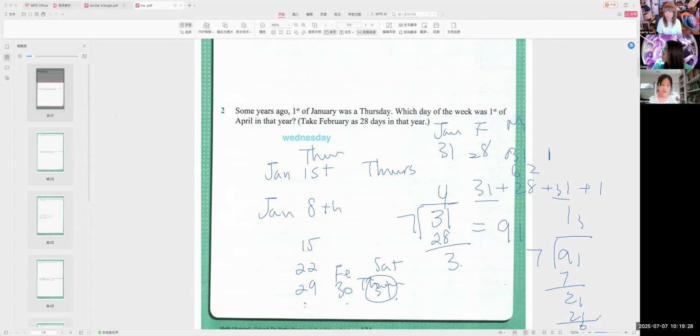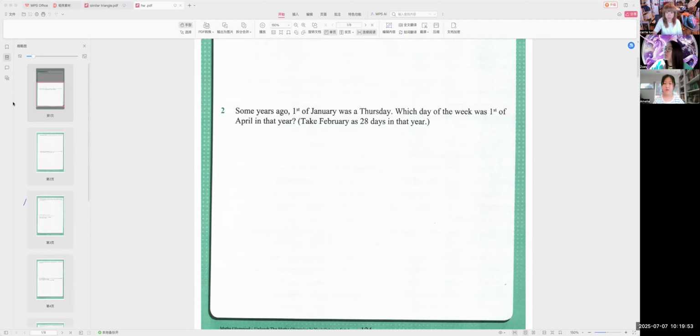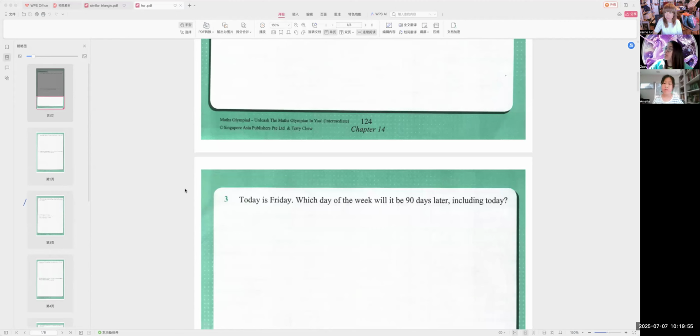Oh, there's no remainder. Correct, Zoe? So those remainders, that means what? That means the earlier day, because that's remainder 1, remainder 2, remainder 3. So Zoe, very good. You get it right. Wednesday is the answer. Good job.